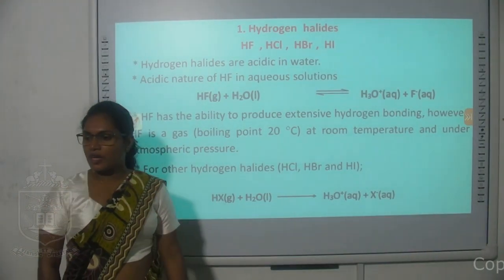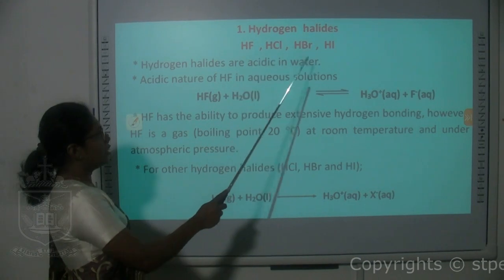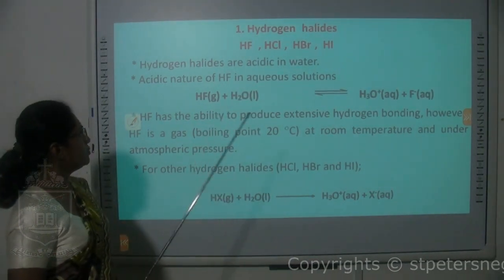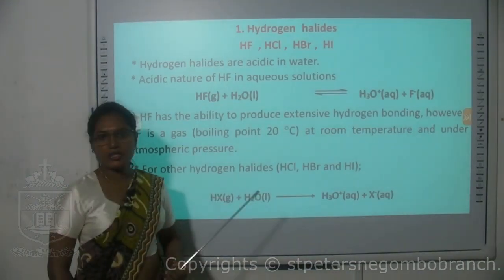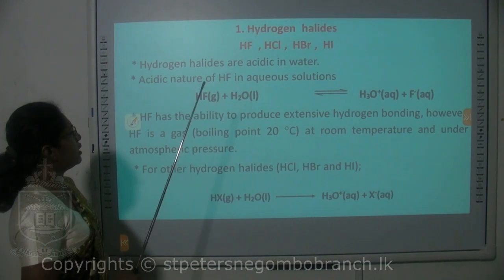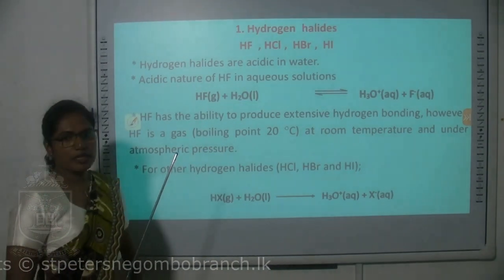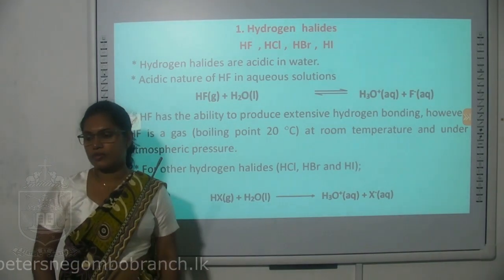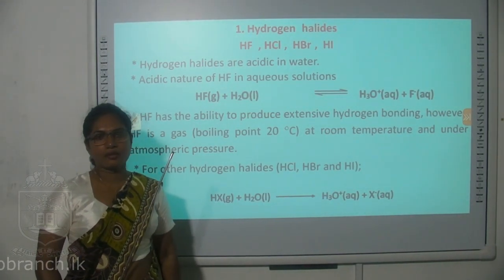First, I take hydrogen halides. These are the hydrogen halides of group 17: HF, HCl, HBr and HI. Hydrogen halides are acidic in water. We can check that if we dissolve this hydrogen halide in water, it shows acidic properties.